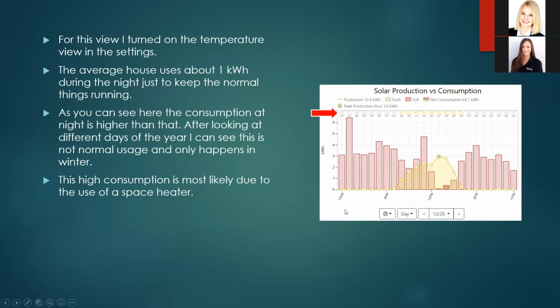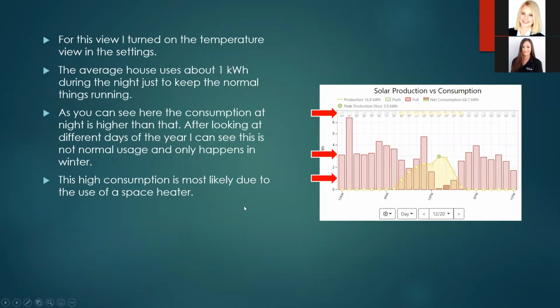And the average house uses about a kilowatt hour during the night to sustain your regular appliances, such as your fridge and any lights or anything like that that you have running constantly. So on average, it's about 1 kilowatt hour. Here you can see that I was using 3 kilowatt hours or more all throughout the night.